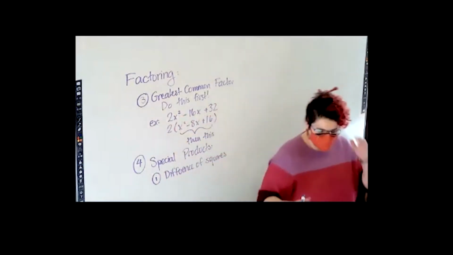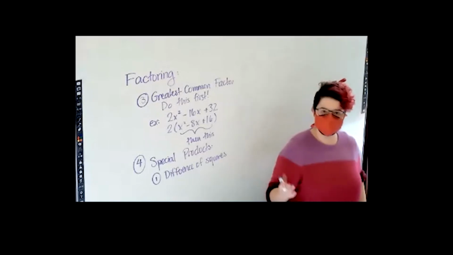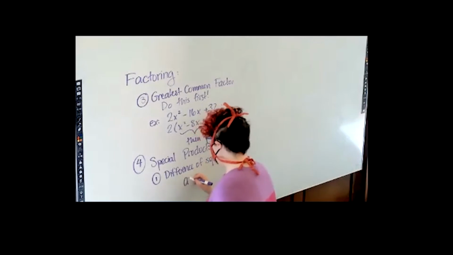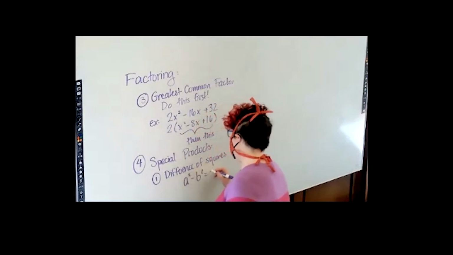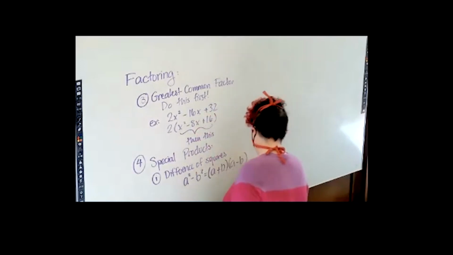Anytime you have 2 things that are squares and they are subtracted from each other, you can immediately factor that. So some a squared minus some b squared is always (a plus b)(a minus b).